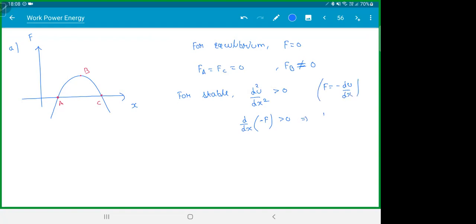So from here we get df by dx should be less than 0, meaning slope should be negative. So which point has negative slope, A or C? C, na? So therefore C is stable.